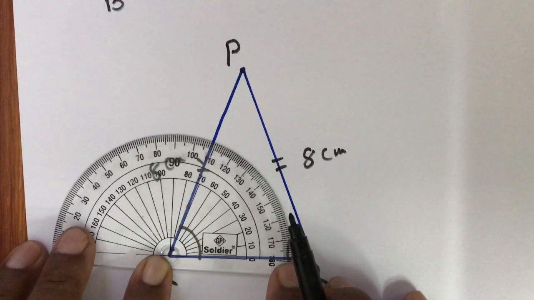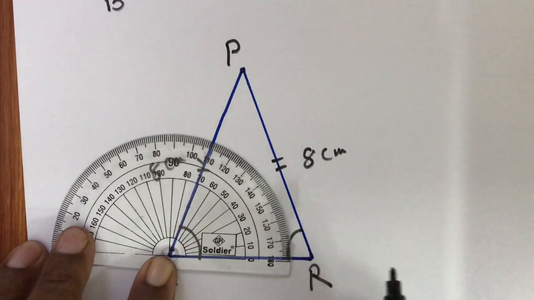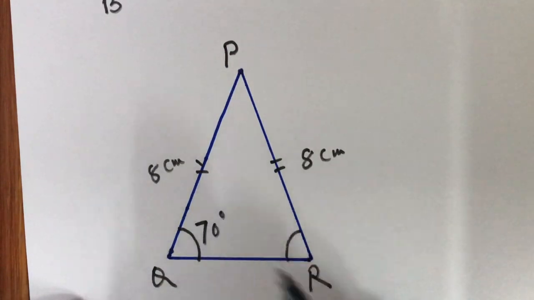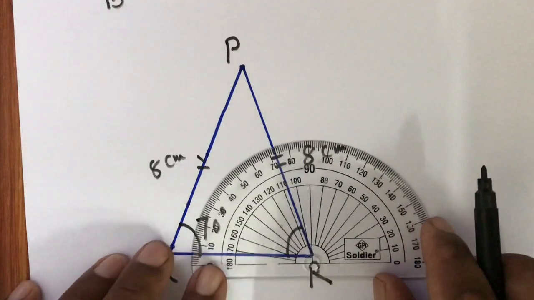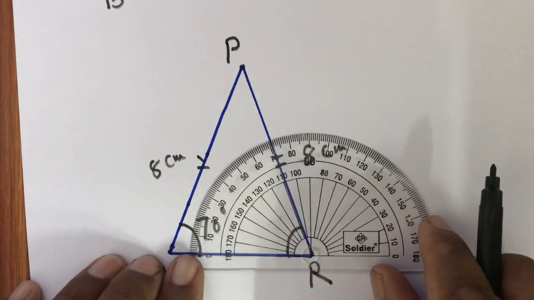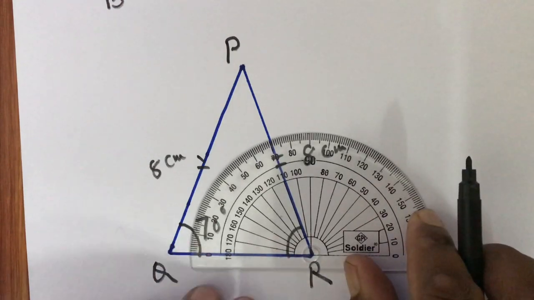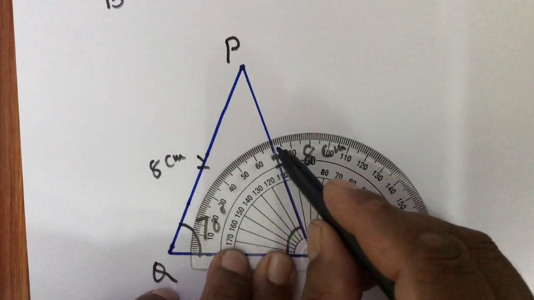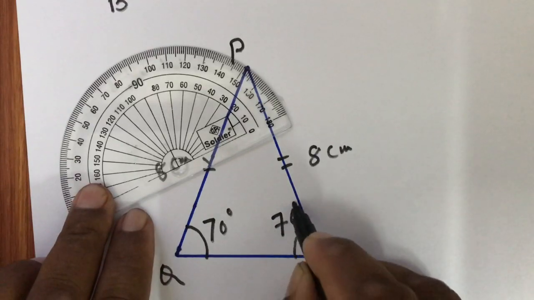So let us see, it is of 70 degree. Now I am measuring the angle R. Is it 70 degree or not? Yes, you can see this is 10, 20, 30, 40, 50, 60 and 70. This is again 70. Understand?